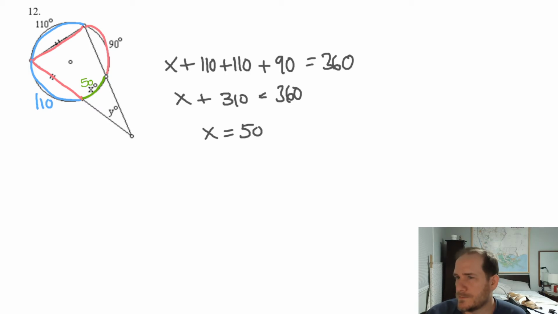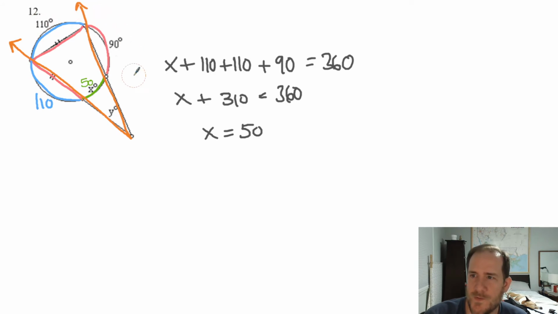So now, if you've been with me, then you know that you got a secant right here, secant right here, and those two secants form angle Y. So what's the deal? Well, we've got this intercepted arc up here, the 110, and we've got this intercepted arc down here, that's 50.